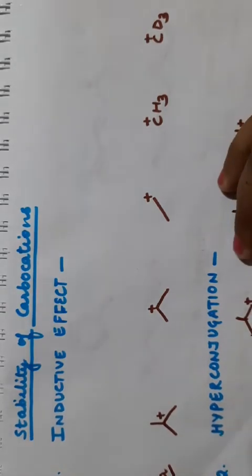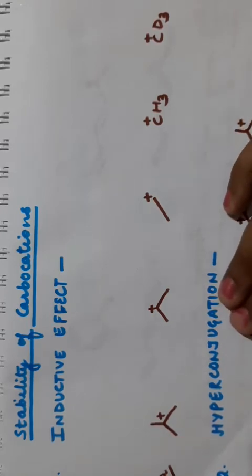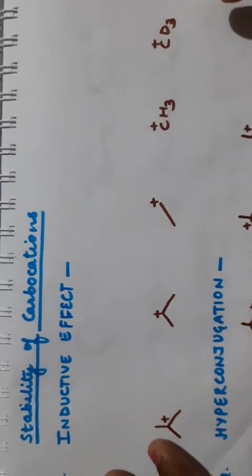Now many questions are asked based on the stability of carbocations. A number of species are given and you have to arrange them in increasing or decreasing order of their stability. So we will study here the different factors which affect the stability of carbocation. Now the first one is inductive effect.